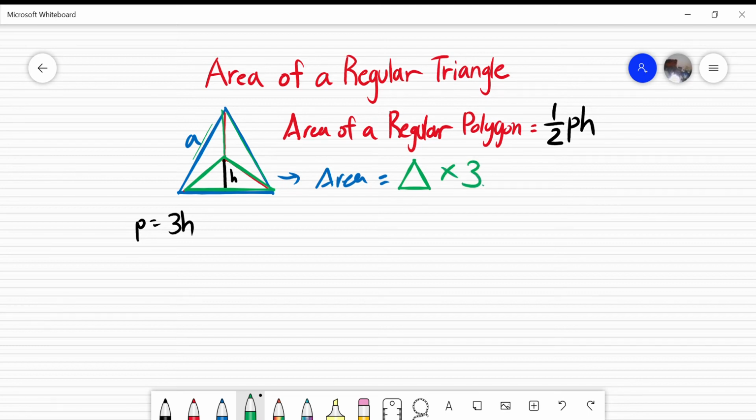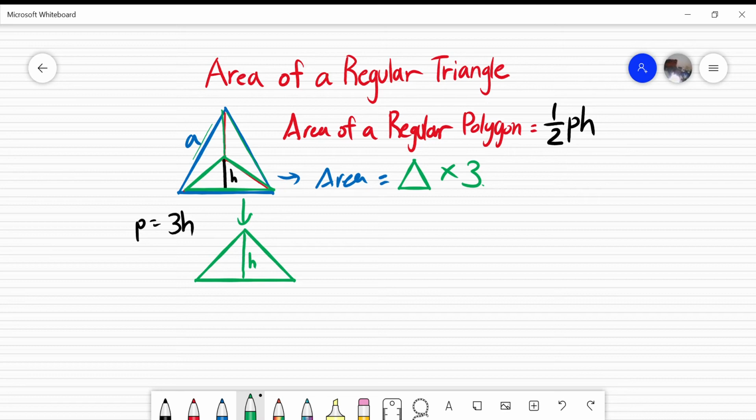Therefore, to find the area, we really only needed to find the area of one of these triangles, the area of this flat-looking triangle. Well, that's awesome, actually. And therefore, we have a triangle of height H.